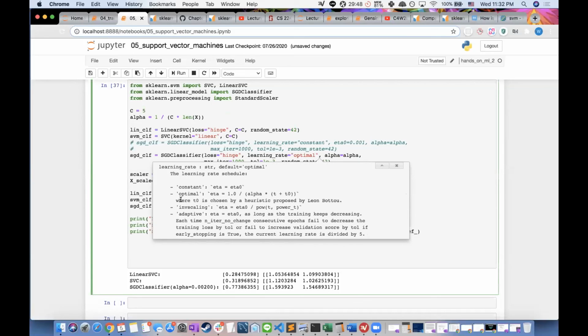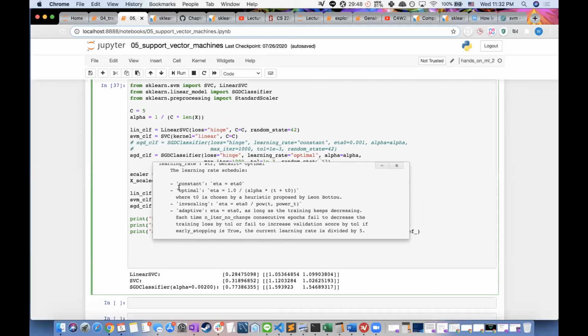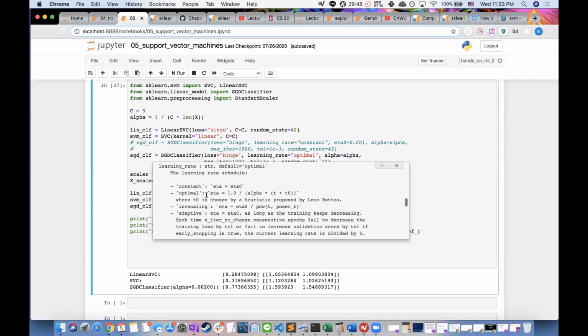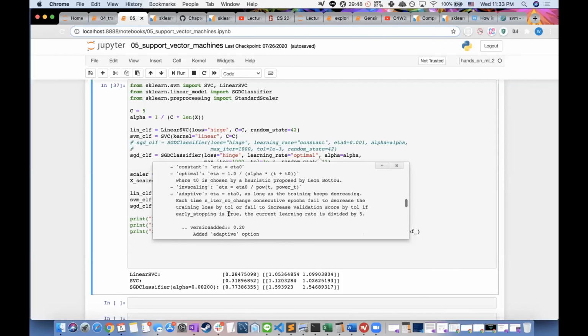I think it is the point where as you approach the minima, it reduces the learning rate. It's one divided by something, a very rudimentary learning rate annealing that it's applying. So it's more like scheduling learning rates.